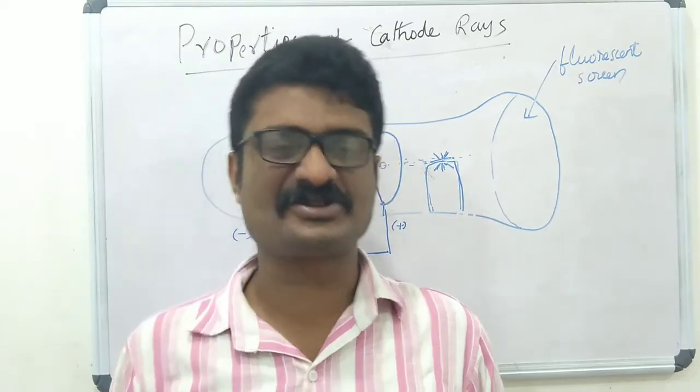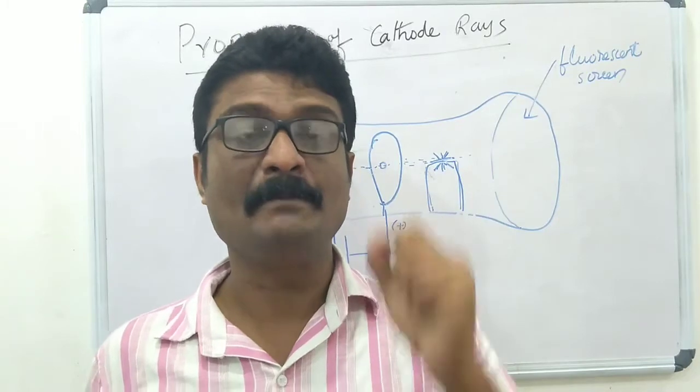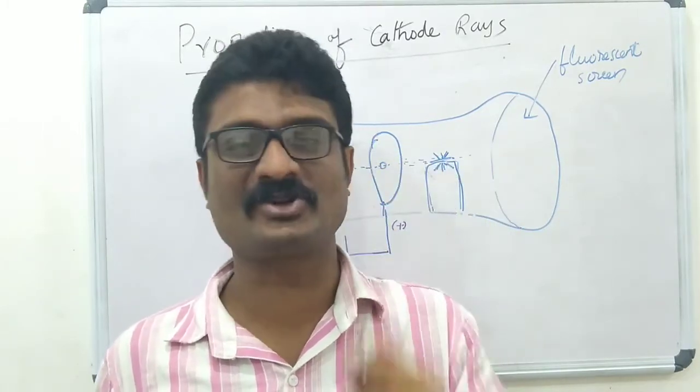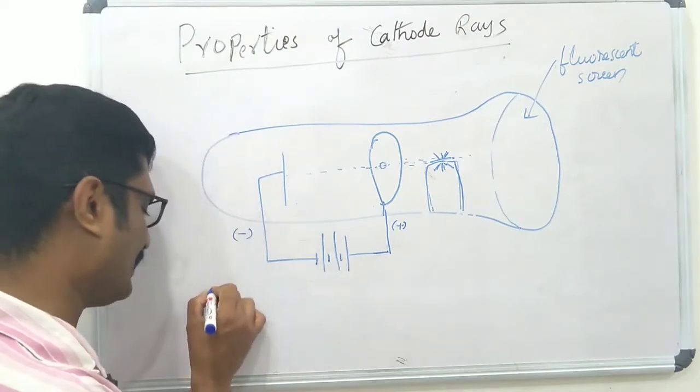This shows that cathode rays consist of material particles.